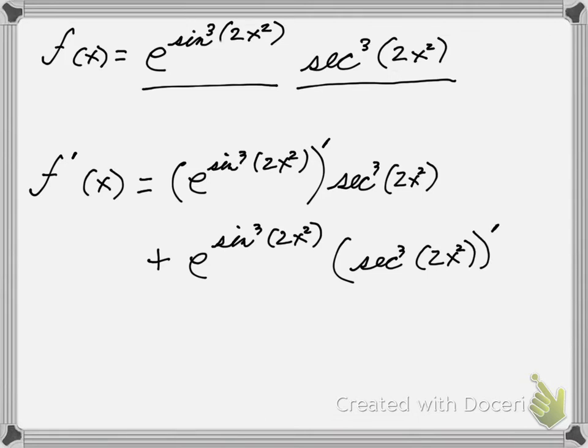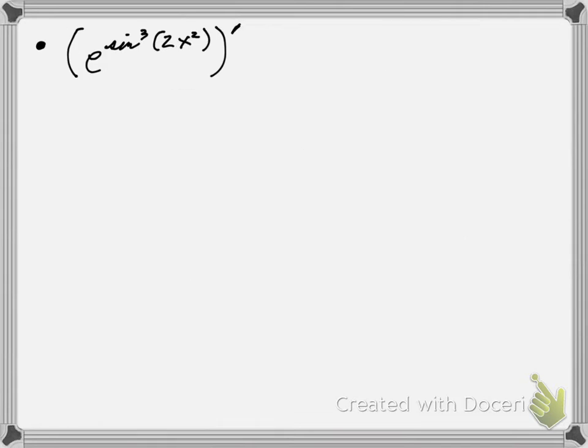And so really to find this derivative, we need only calculate the derivative of the first component and the derivative of the second component separately. So first we calculate the derivative of e to the sine cubed of 2x squared. And of course to do that you will need to use the chain rule.